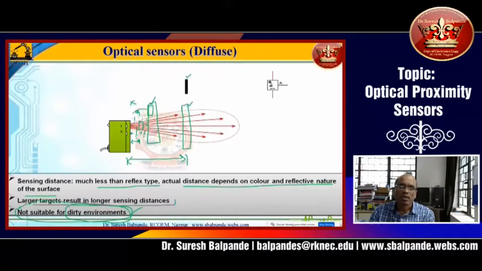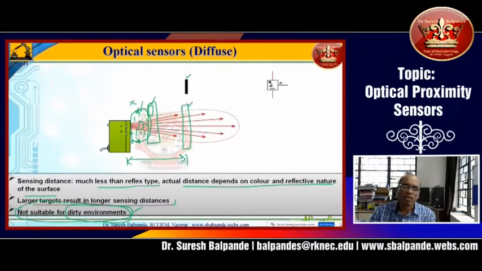That is why, especially in the diffuse type, the environment should be clean. There should not be fog, there should not be continuous dust particles and something like that. Otherwise it will not work. So this is about the diffuse type.